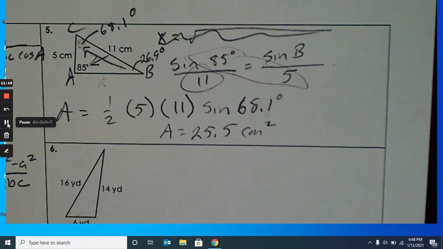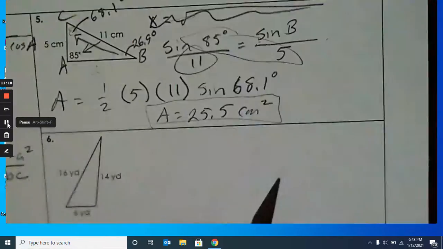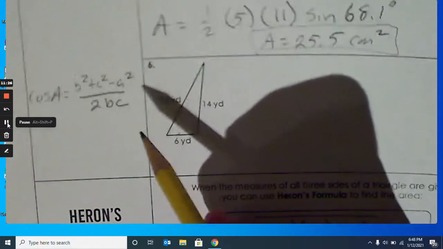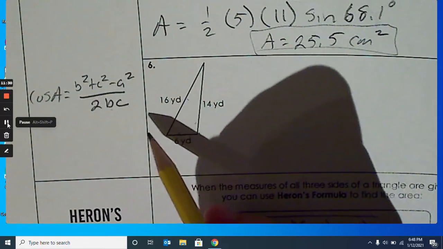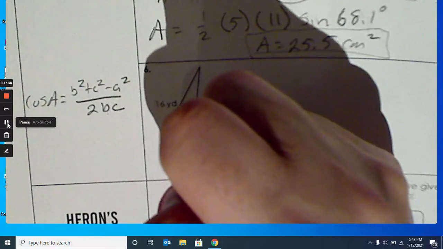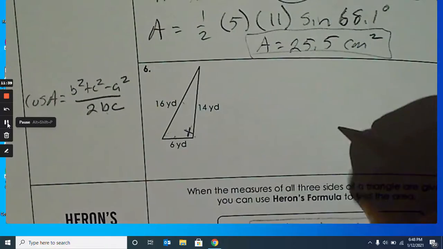I'll just double check my math and make sure everything was good. This one I do need in order to find. This is the law of cosine for this one for sure. It doesn't matter which angle you find. So I'll do this one right here. I'll put an X there so you can kind of see it.